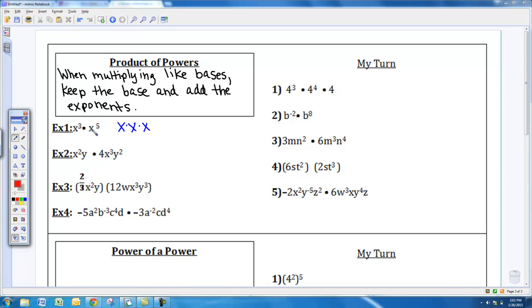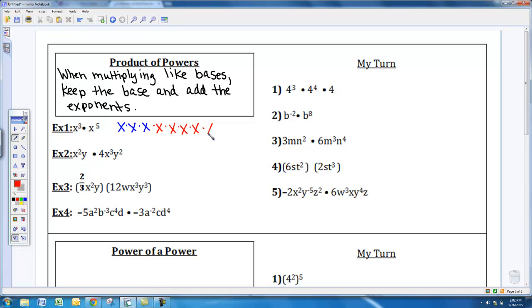We know that x to the fifth power means multiply x times x times x times x times x. So how many times total are we multiplying x's? We're multiplying them a total of 8 times. So x cubed times x to the fifth will give us x to the eighth.